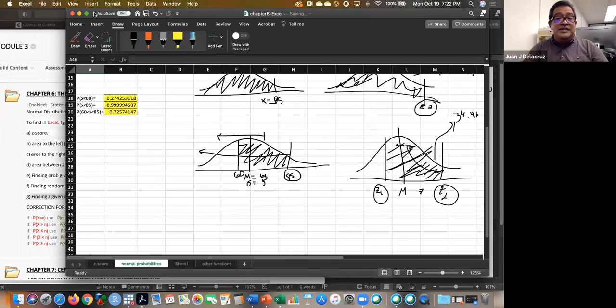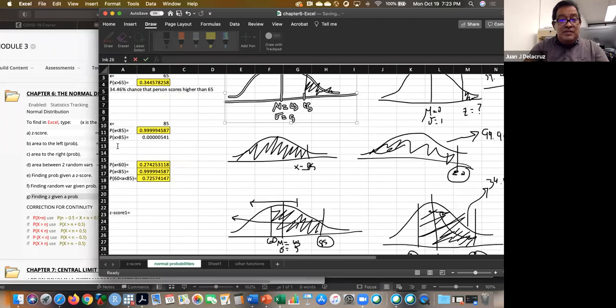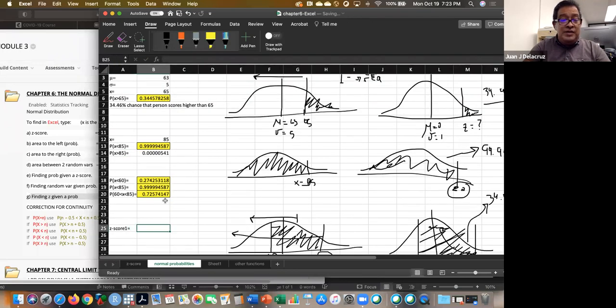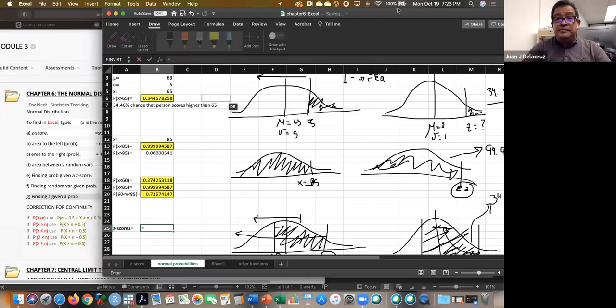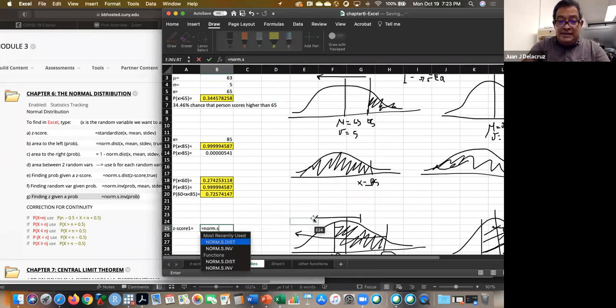So I'm going to use the same to find these C-scores. The C-score 1 in this case is going to be equal norm.s.inv, and then the probability in this case is this one.